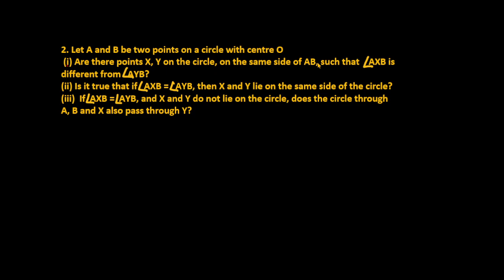So, for the first subdivision, it is given that in a circle, A and B are two points on the circle, and X and Y are also on the same side.